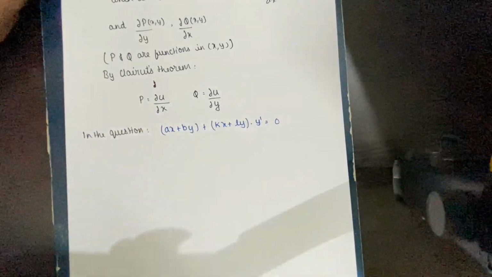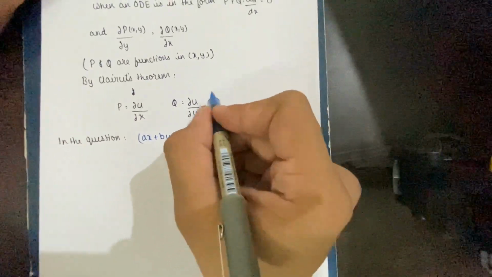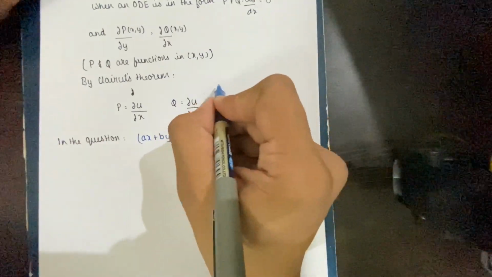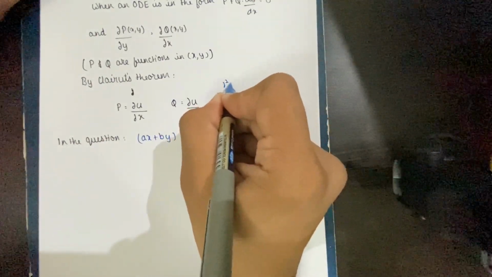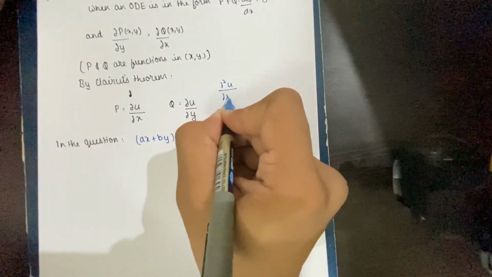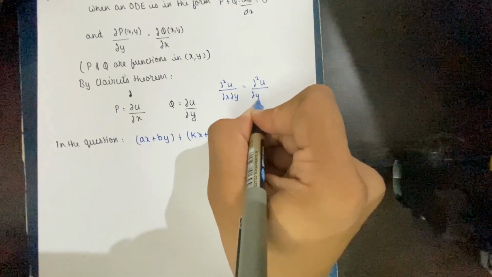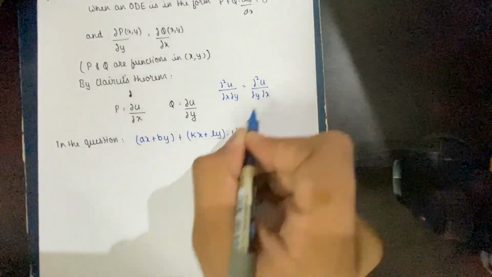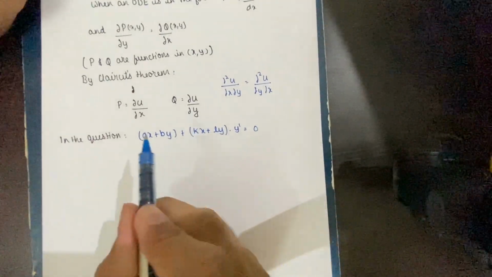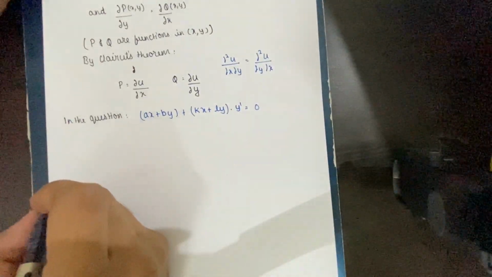Also in Clairaut's theorem we have another result, which isn't really useful in this question, but I'm just putting it out there: del square u by del y del x. So it states that u_xy equals u_yx. Fine.